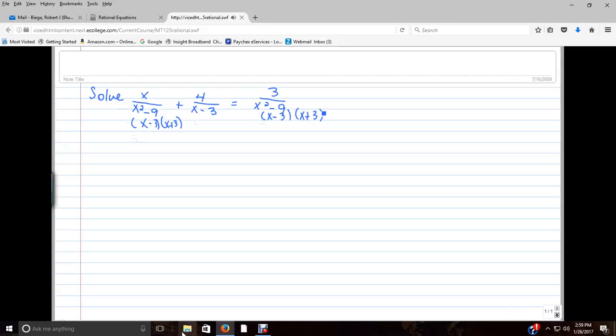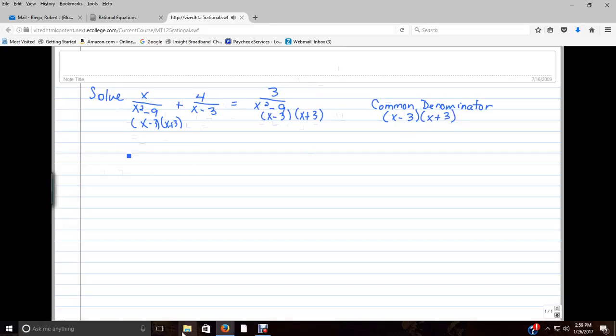So if we look at all three denominators, our common denominator contains one of every expression that occurs. So our common denominator is x minus 3, x plus 3.